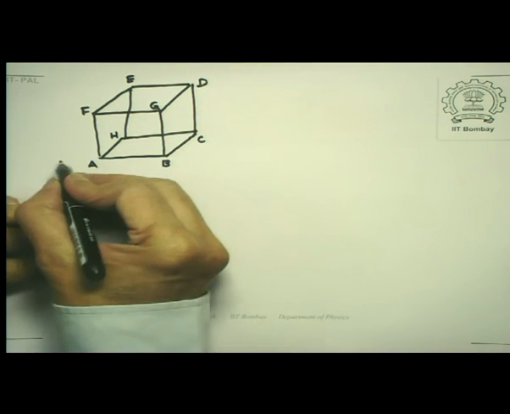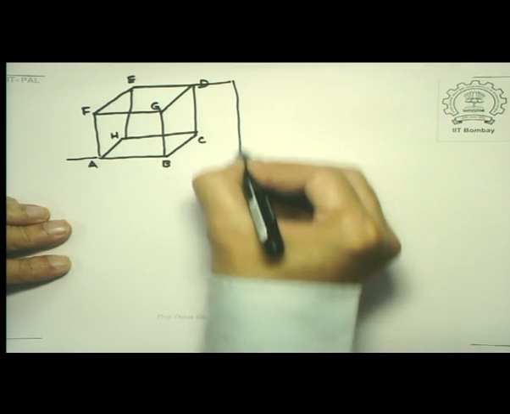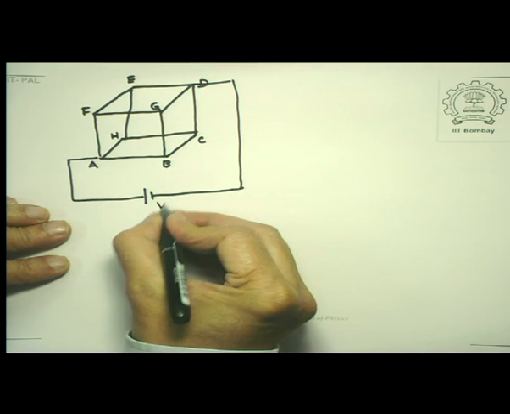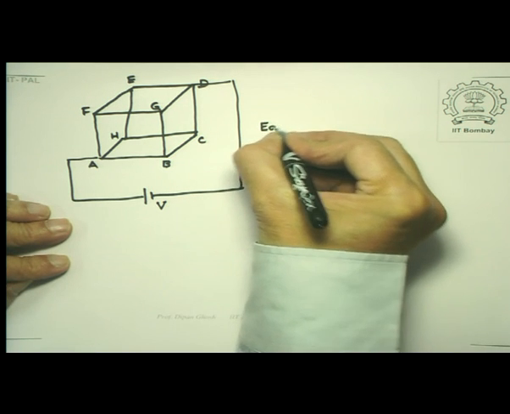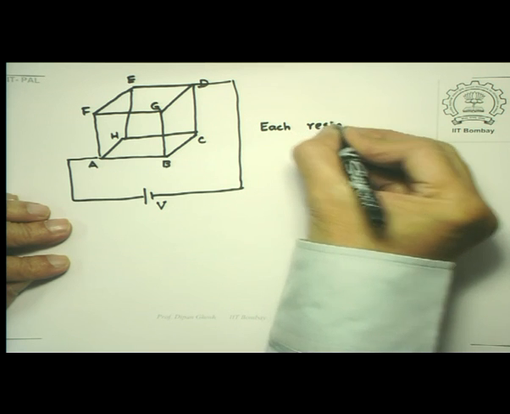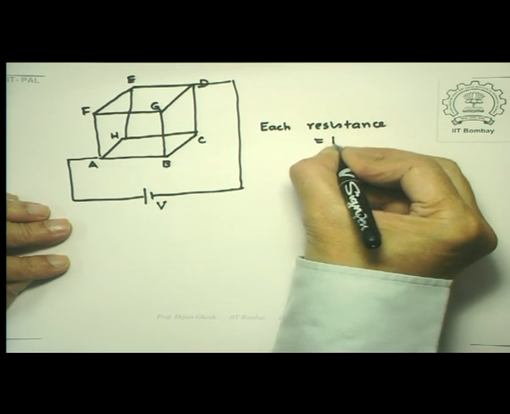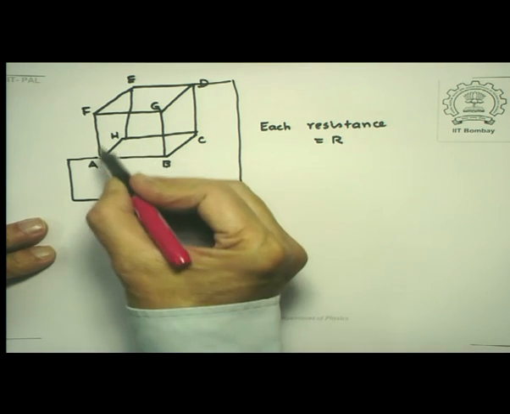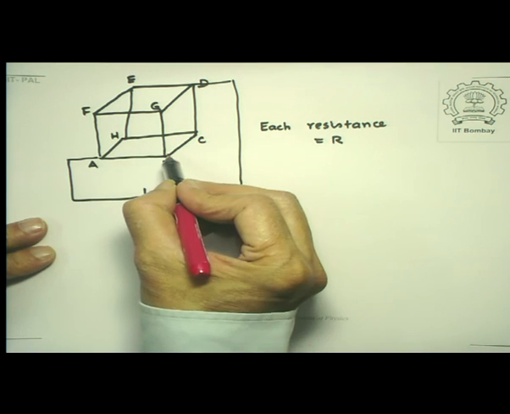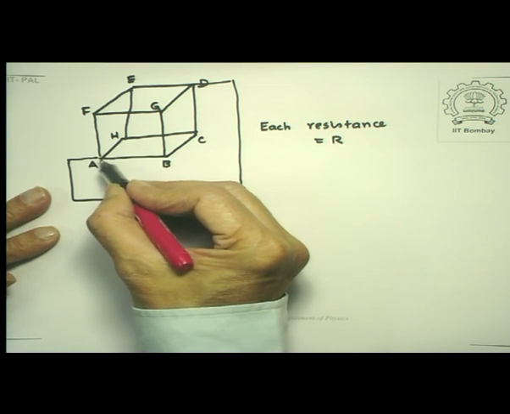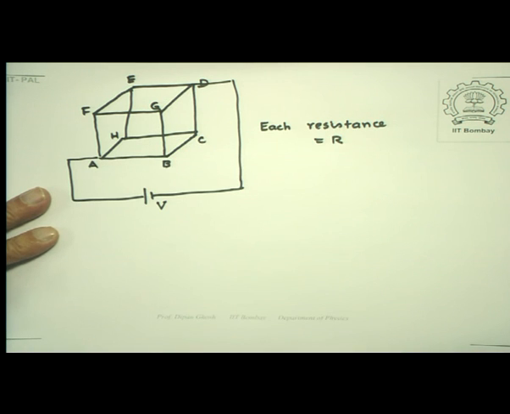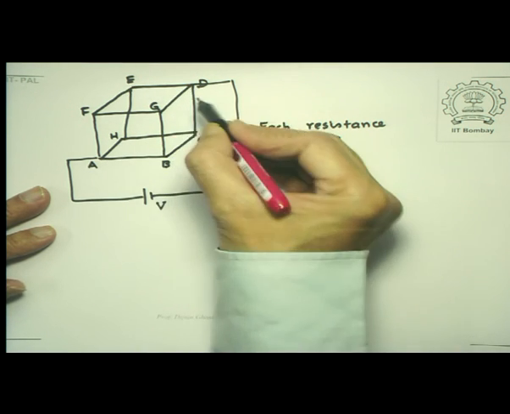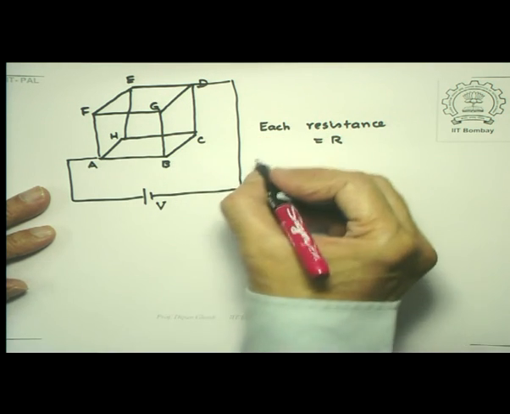Okay, let me assume a battery is connected between the diagonally opposite corners A to D, which is V, and each arm has a resistance equal to R. Now notice one thing, these arms, for example AF, AH or AB, are symmetrical with respect to the diagonal AD, and likewise the other three here, ED, DG and DC, are symmetrical with respect to it.